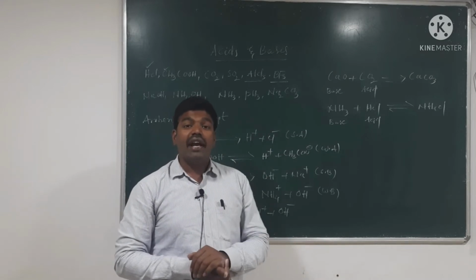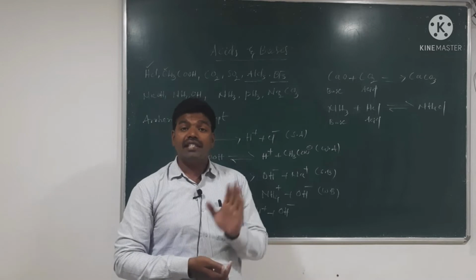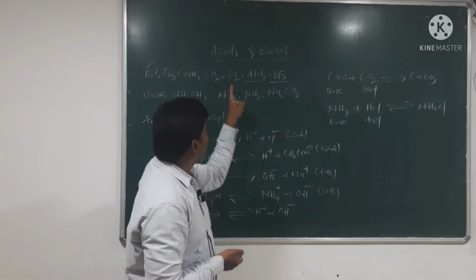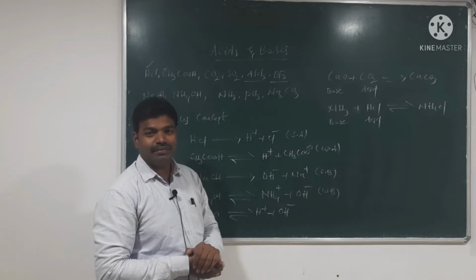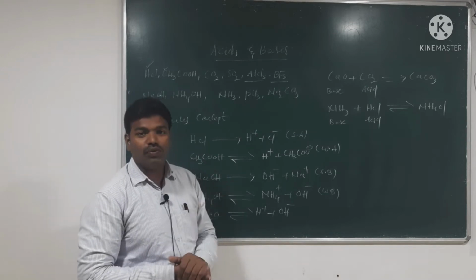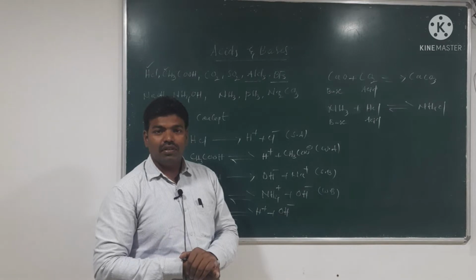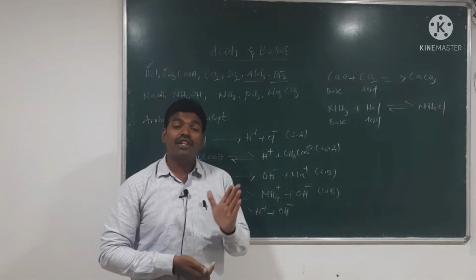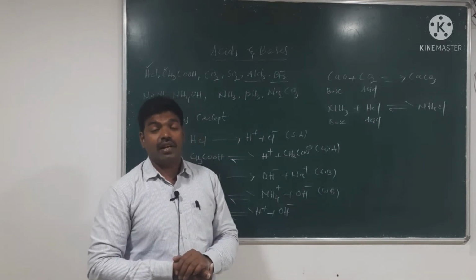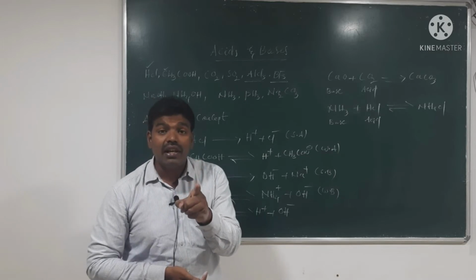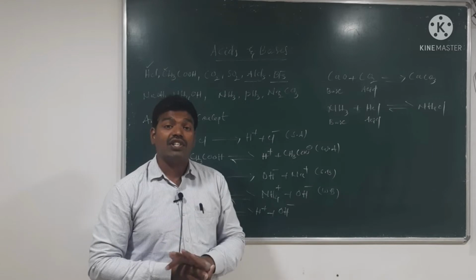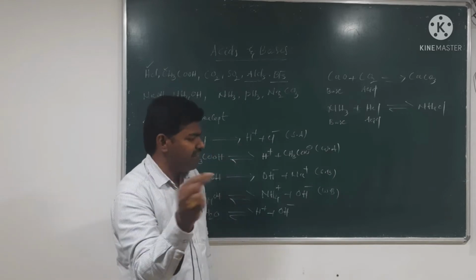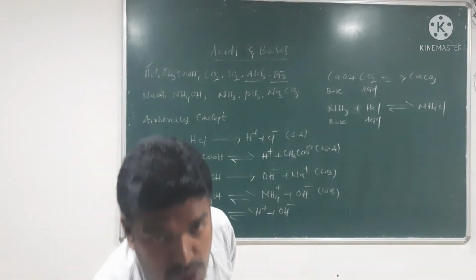And moreover, it fails to explain the acidic nature of SO2, CO2, and the basic nature of NH3 and CaO. Okay, so Arrhenius theory fails to explain those, but this limitation can be overcome in the presence of water as solvent. Let me write the reactions of those compounds.